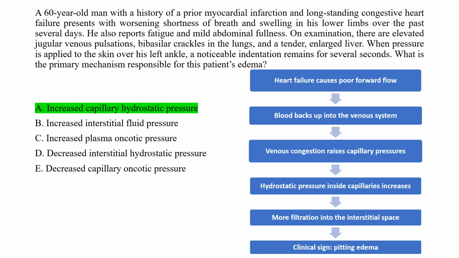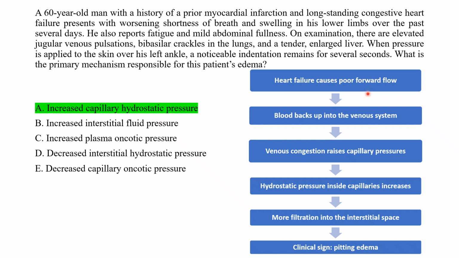Now the correct option here is A, increased capillary hydrostatic pressure, and that is because heart failure causes poor forward flow because the weakened myocardium cannot pump blood effectively after a history of myocardial infarction or other cardiac damage.